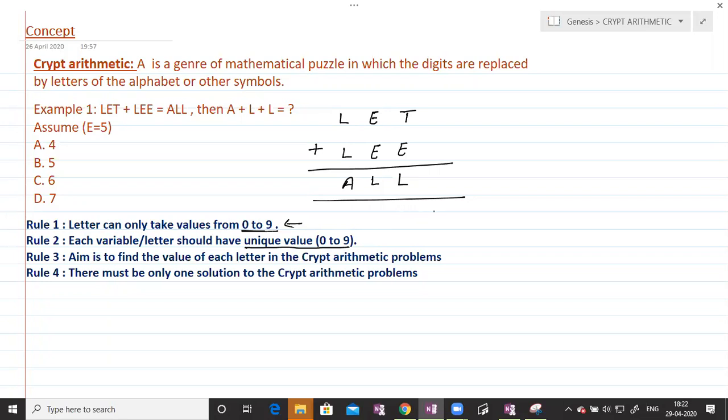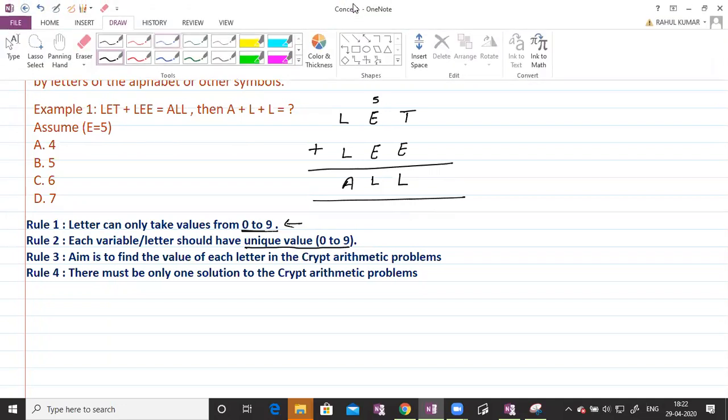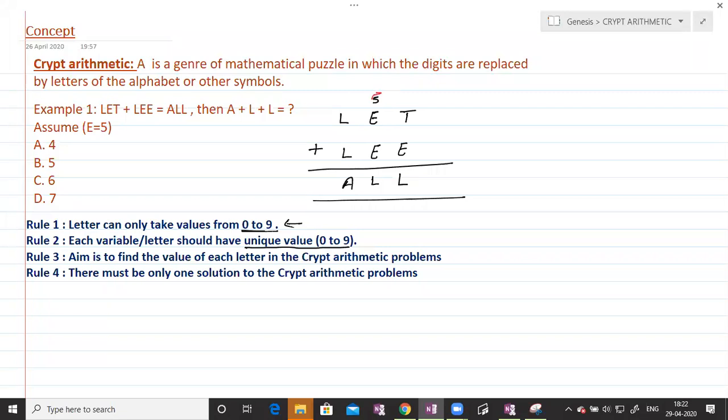Let's try how to find it. E is equal to 5, given already. So this is 5 here, and this must also be 5 because E is taken as 5. E plus E, how much will we get? 10, that is 0, carry 1. So E is 5 here.